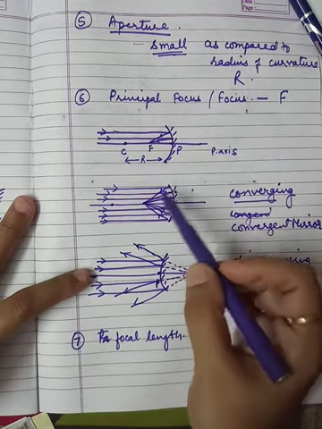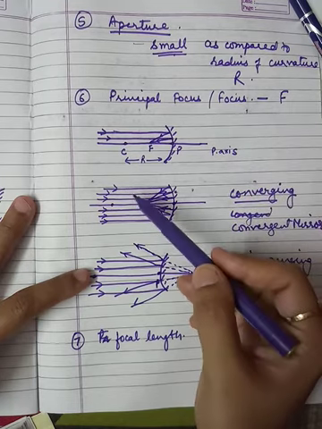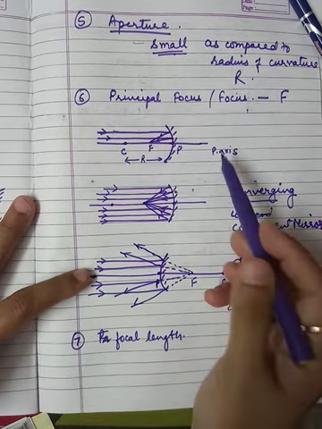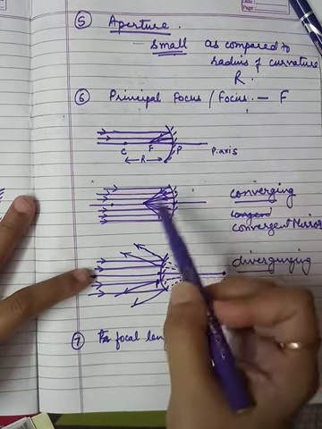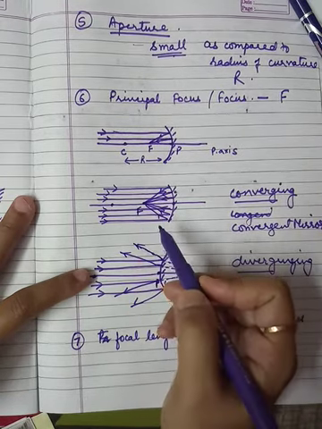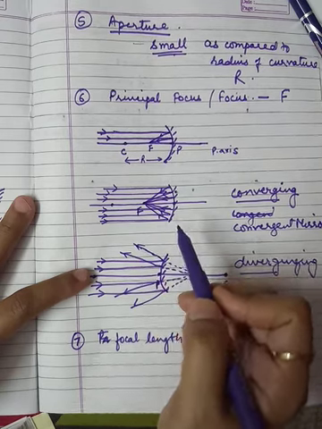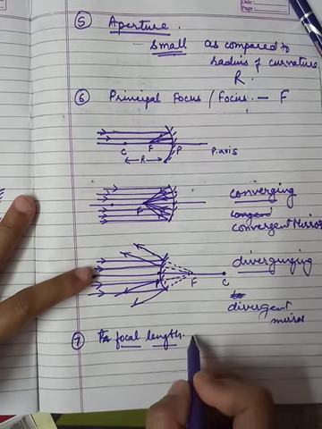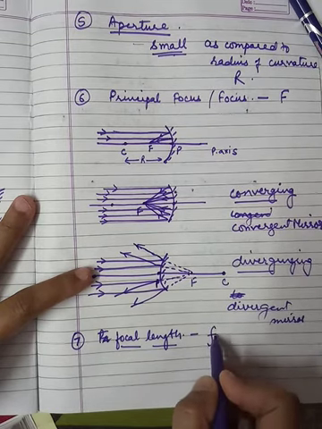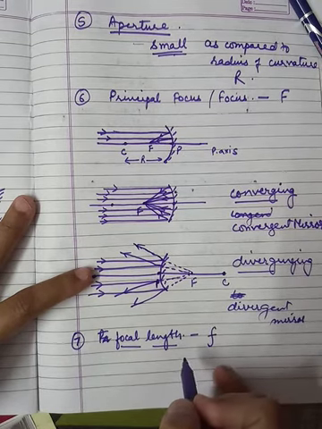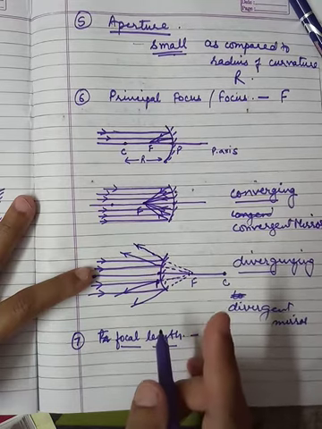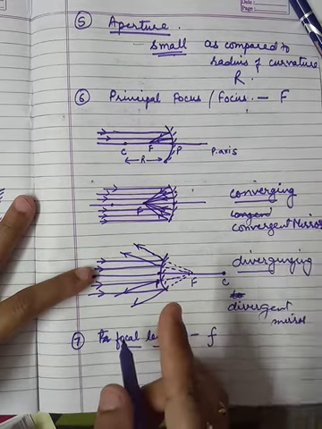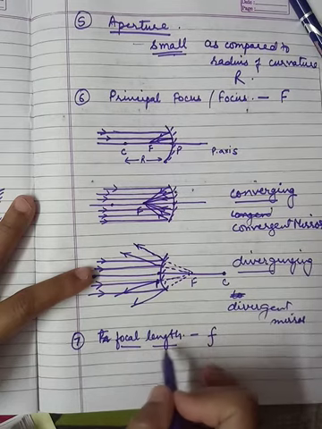This is a point where all the parallel rays will converge or appear to diverge, and this will be represented by capital F. Now, what is focal length? Focal length is represented by small f, and the distance between the mirror and the focus will be called the focal length.